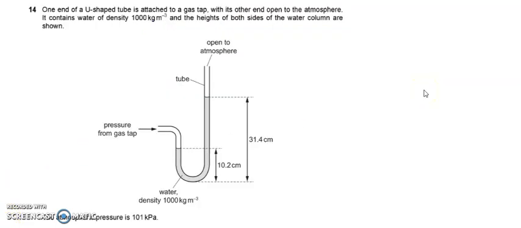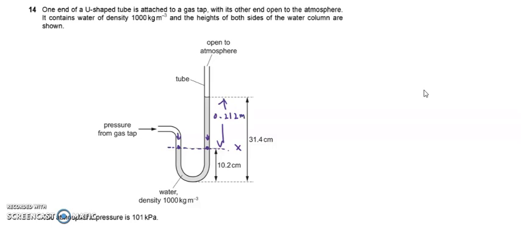For question 14, we take the level here as X. So a point at this level and a point at this level must have the same pressure because they are at the same level. So this is the pressure due to the gas, and for this point, the pressure will be the pressure due to the liquid column of height 31.4 cm minus 10.2 cm, which is 0.212 meter.